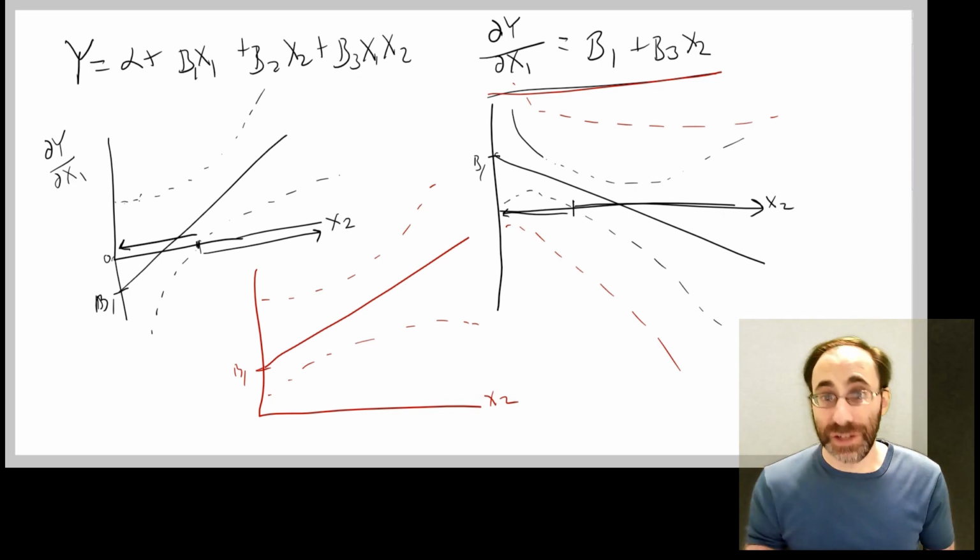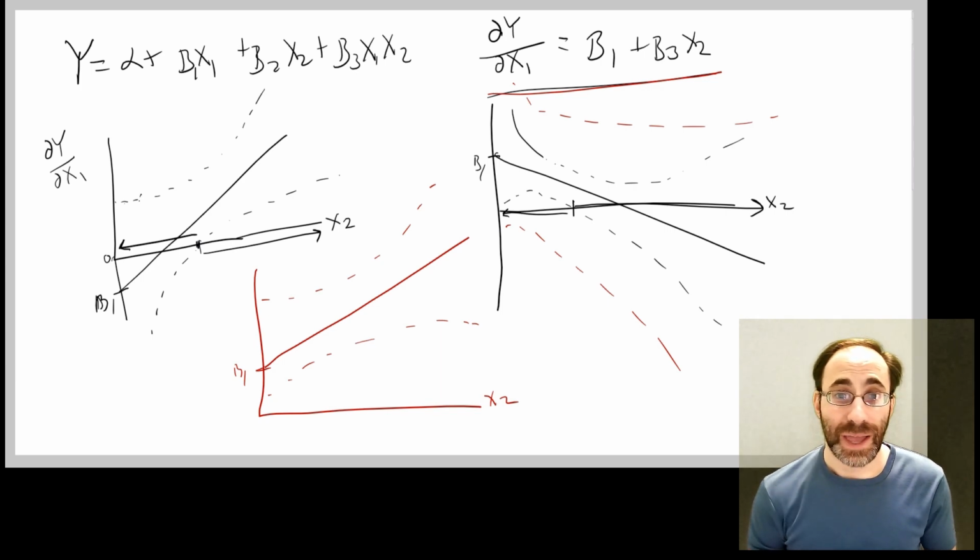So that's interaction terms. Now I'm going to erase this and discuss very briefly a related topic, which is nonlinear regressions. Right? Linear regressions with nonlinear terms. So we discussed earlier one where we had a quadratic term with the sleep and the grade example.